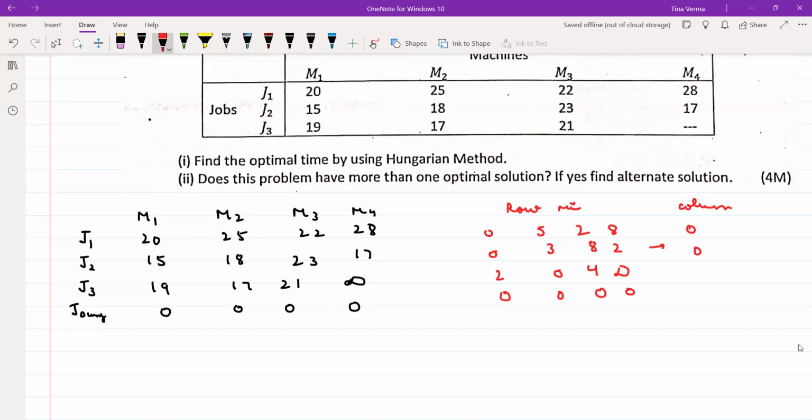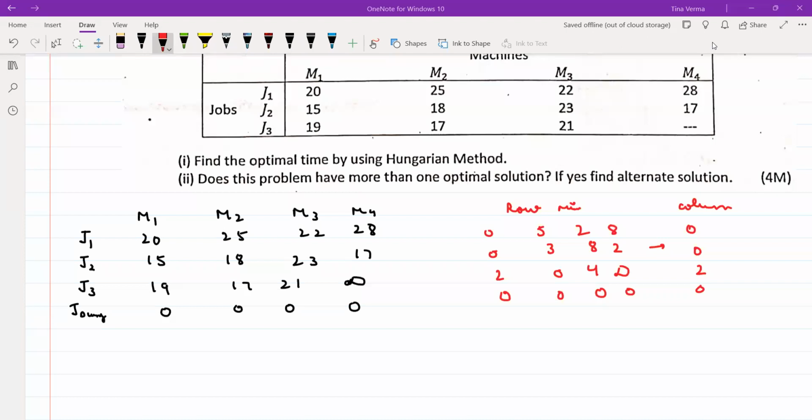In this column will not change, right? And in this, so in every column you can see there is a 0.